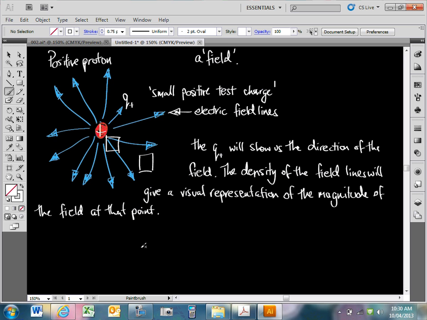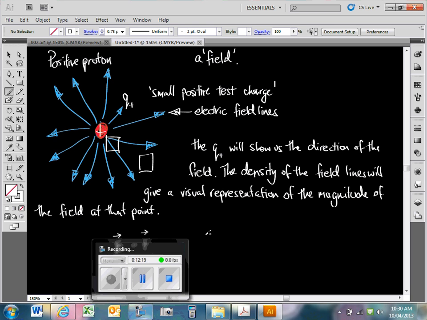You can see this. E, the electric field, equals the force per unit charge. Electric field, of course, now, as you should know, is a vector. Force is a vector. Charge is not.